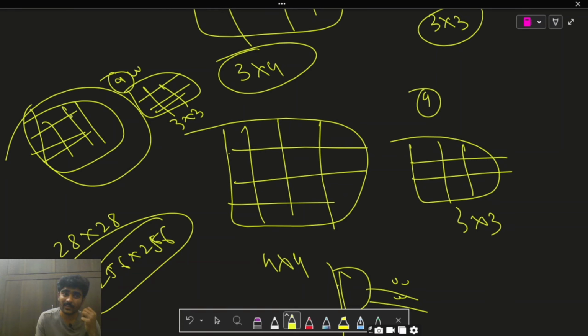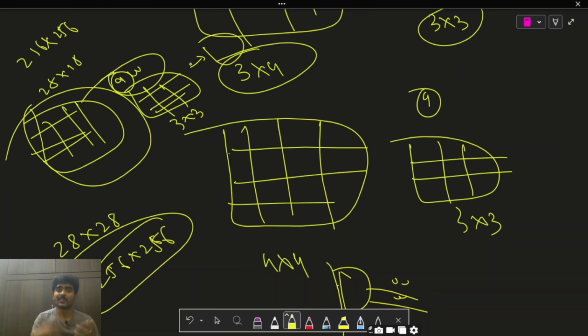If I change from 28 cross 28 to 256 cross 256, the number of weights remains unchanged. I'll be performing the similar convolution operation and the resultant feature map will be slightly bigger, but my total number of trainable parameters remains constant.